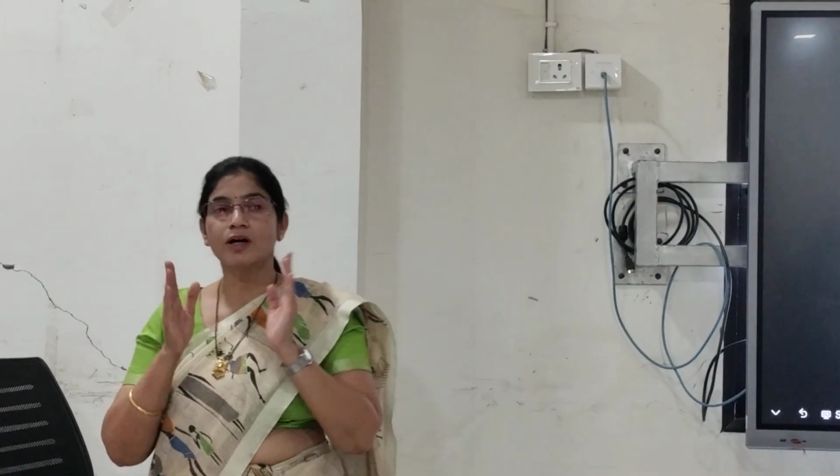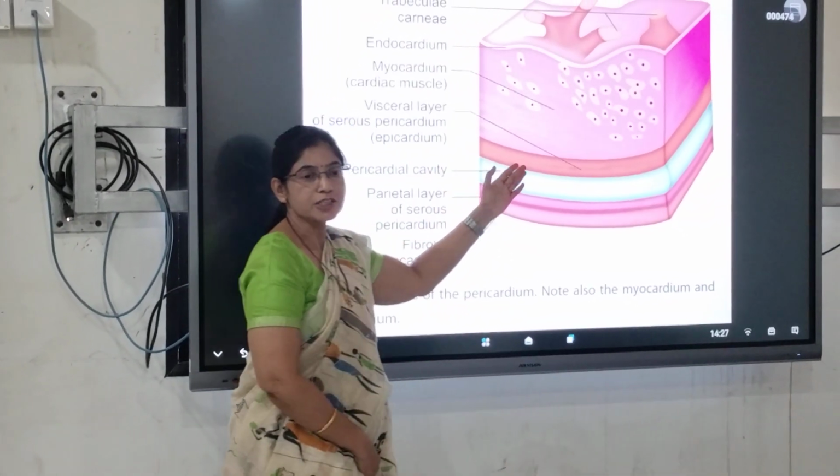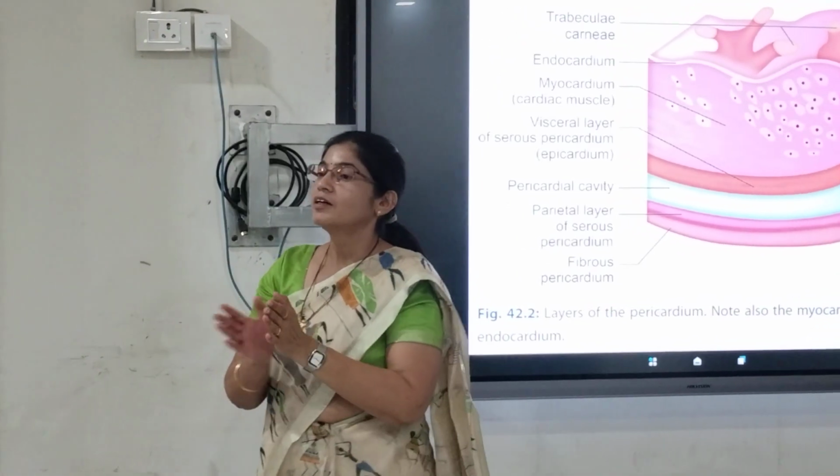Whenever your SA node generates an impulse, depolarization waves reach the AV node, Purkinje fibers and the ventricular muscles. So all the layers get depolarized like this: the endocardium, then the whole myocardium. Because of the depolarization of the myocardium, the ventricles contract.